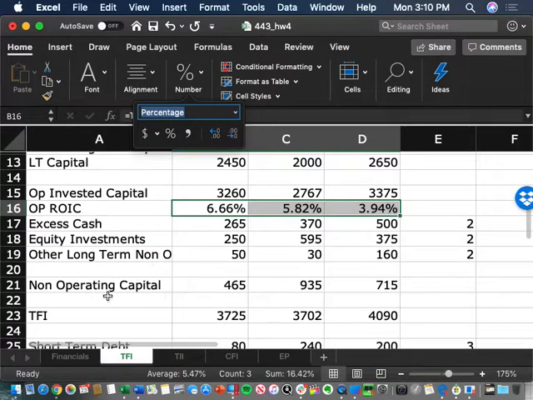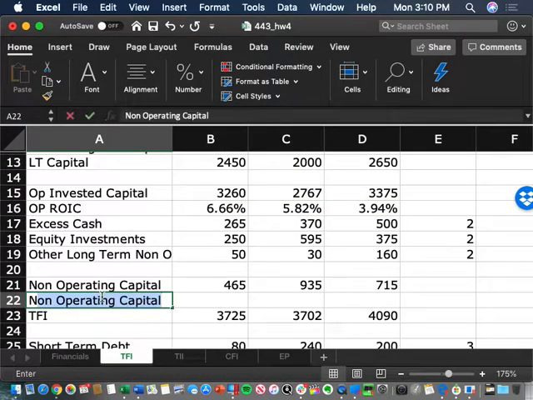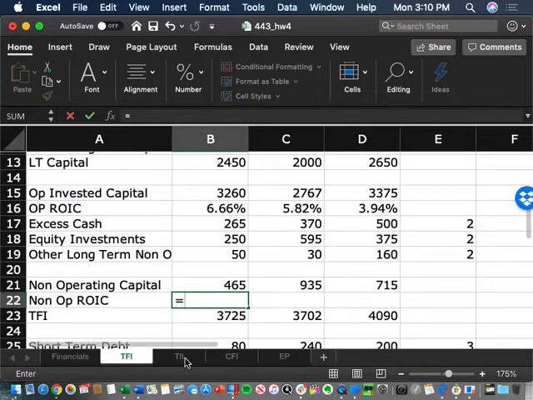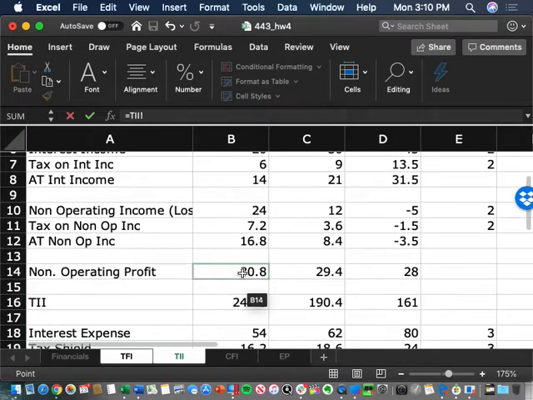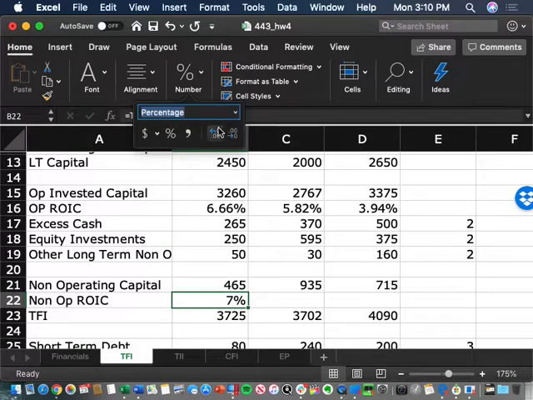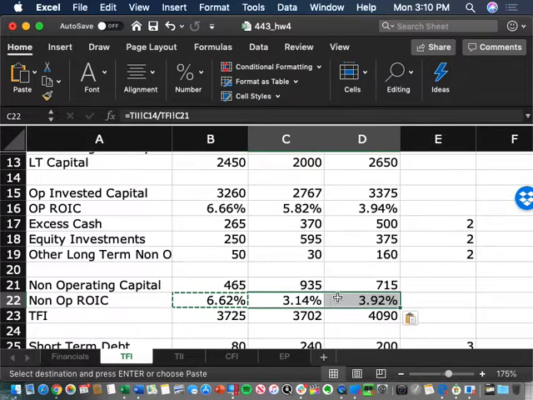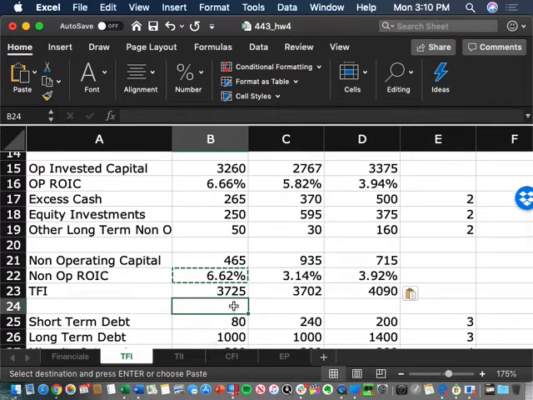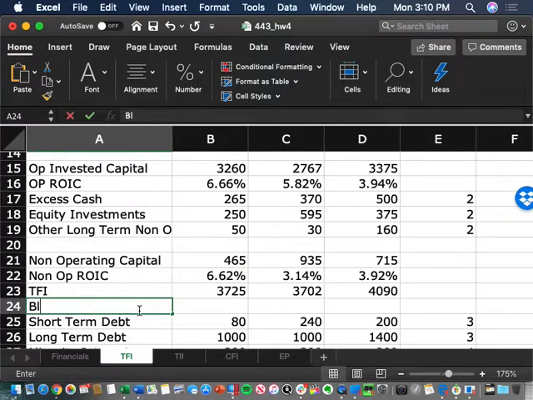If I take my non-operating income divided by my non-operating capital, I have a non-operating ROIC year by year. I'll call this the Bloomberg ROIC.